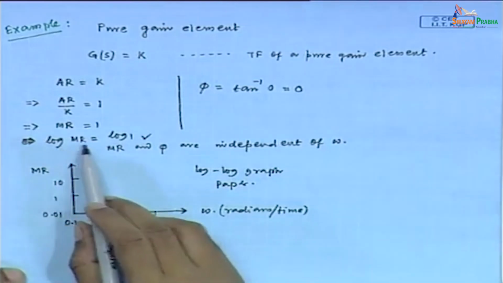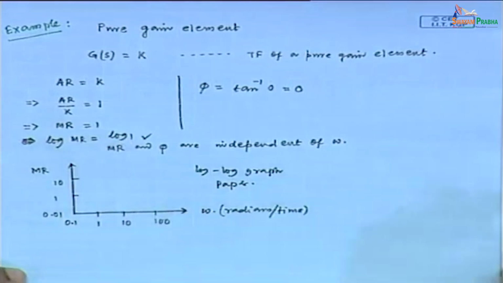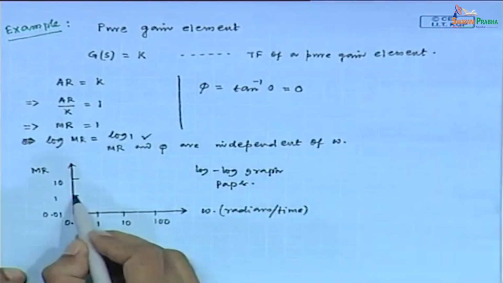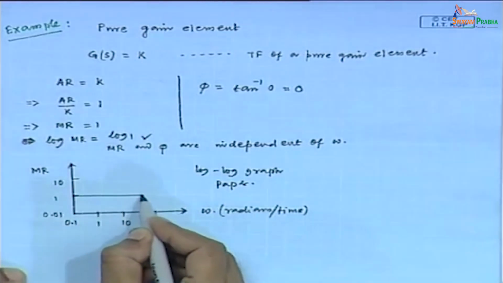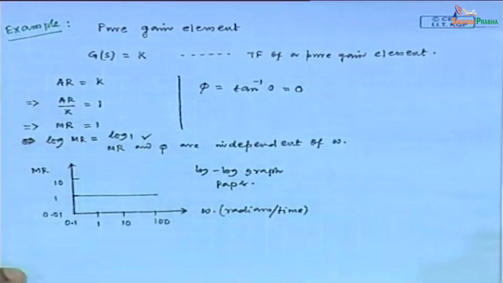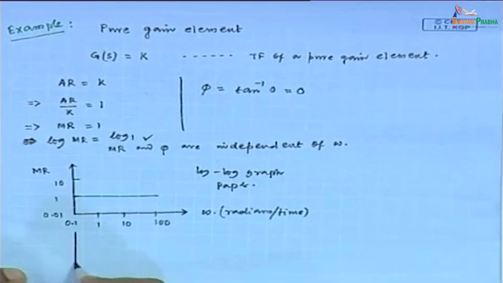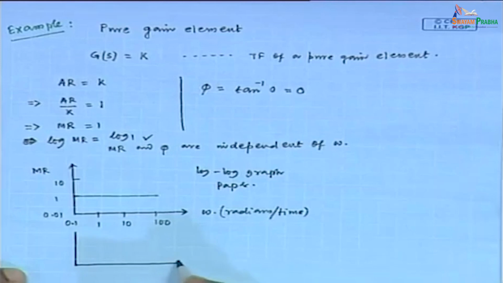So, what it indicates? Log magnitude ratio equals log 1. This is a horizontal line. So, the first plot we obtained like this. This is a horizontal line and it is equal to 1.